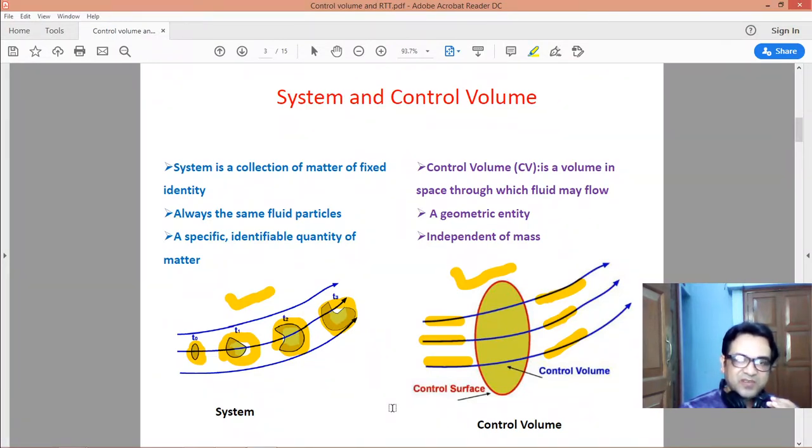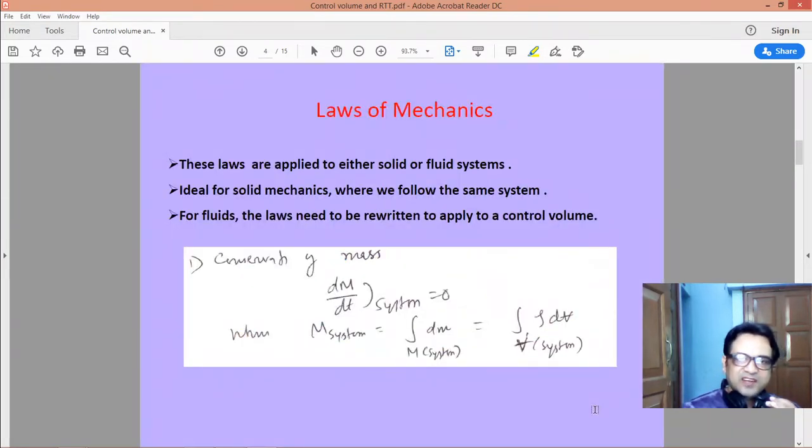So F equal to ma, which is valid for a system, should be rewritten in a different form for a control volume, so that I can use the revised equation for the control volume. These laws of mechanics are applied to a system, maybe a fluid or a solid system, but for fluids the laws need to be rewritten to apply to a control volume.